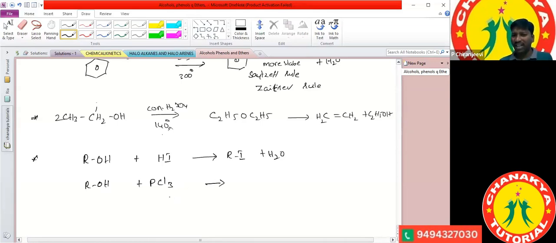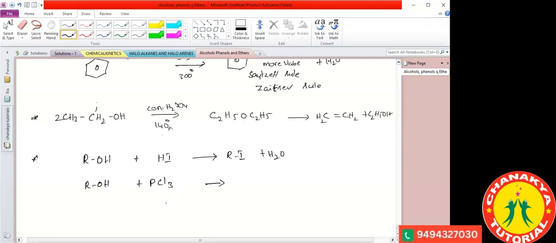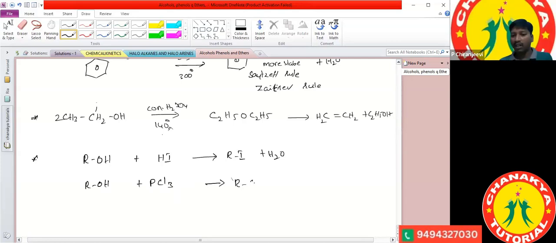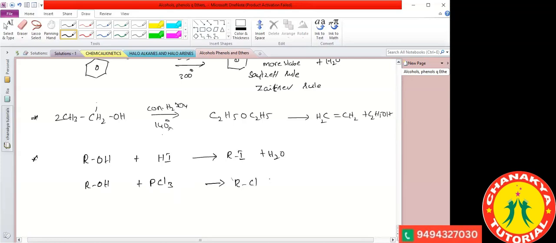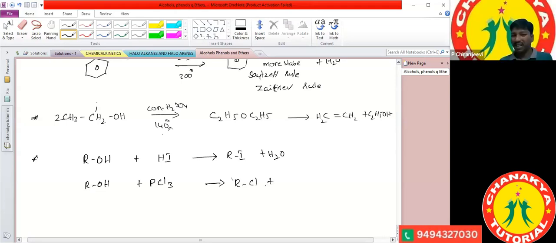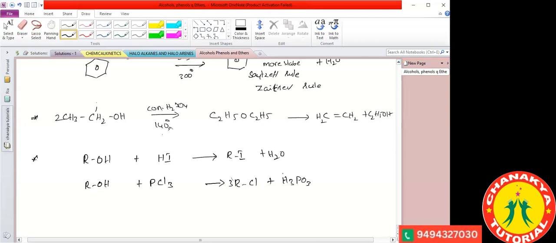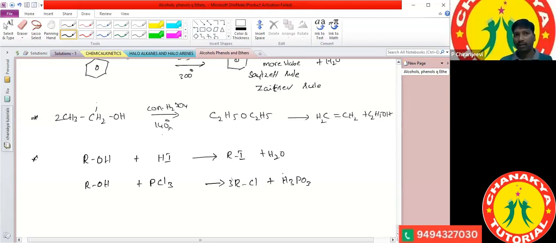We already saw all these reactions. Three moles of alkyl chloride and H3PO3 is the product, not HCl.